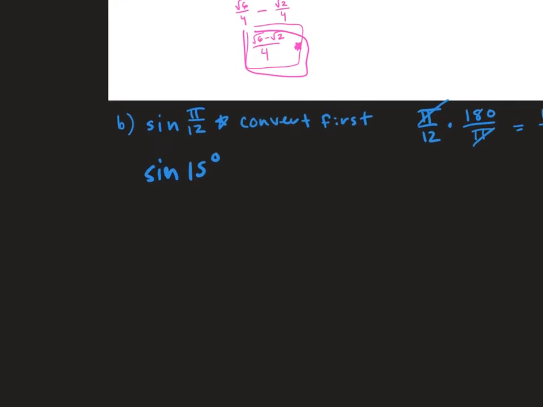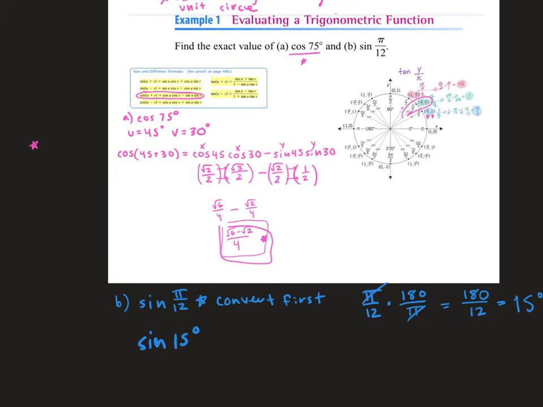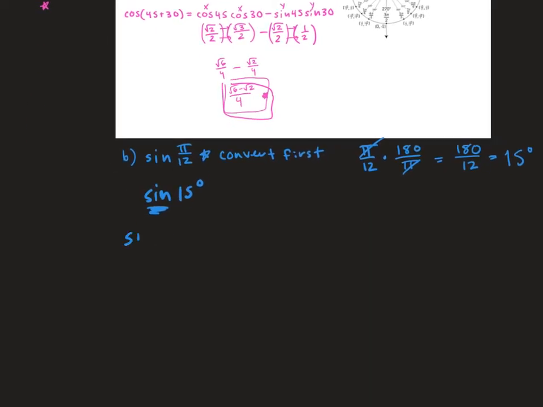So we're using this formula here, which is the sine, because we're dealing with sine now, and we're subtracting. So we would have the sine of 45 minus 30. So our u is 45 and our v is 30.